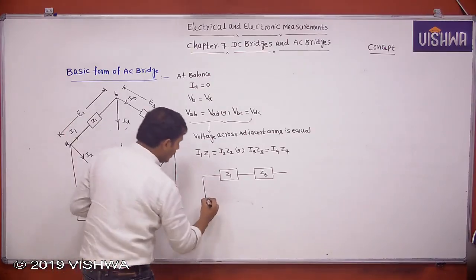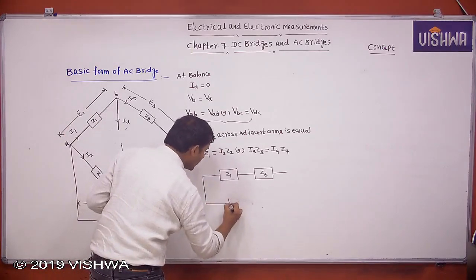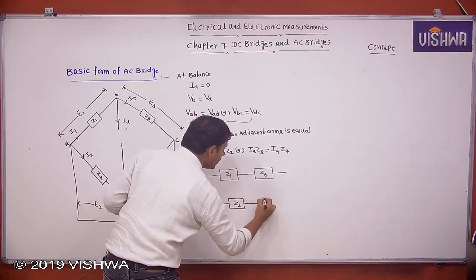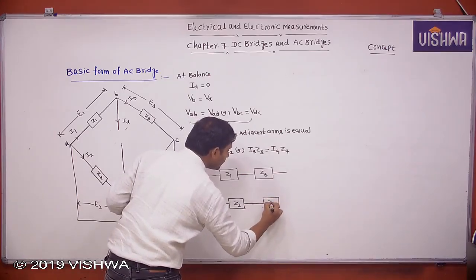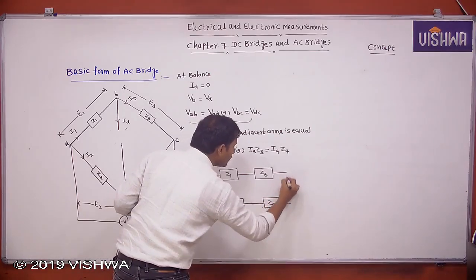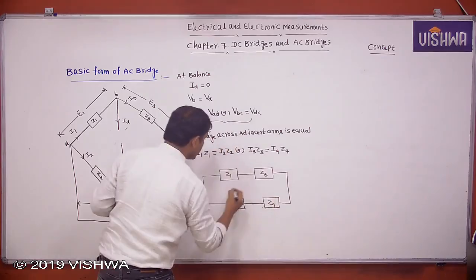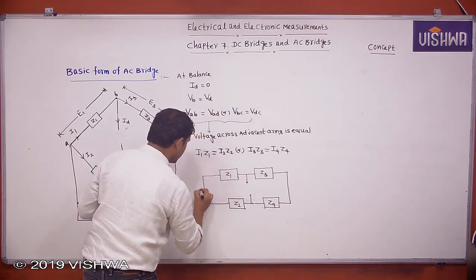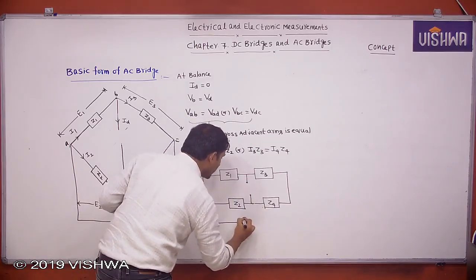This impedance is Z2, and this is Z4 impedance. There is no current through the detector. Here we are applying the source.